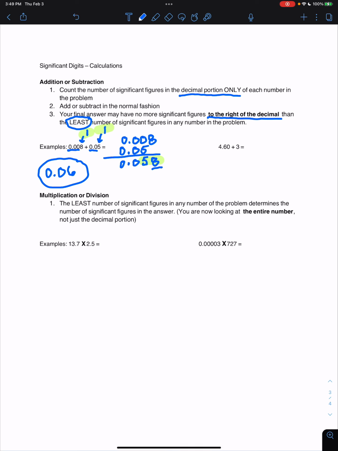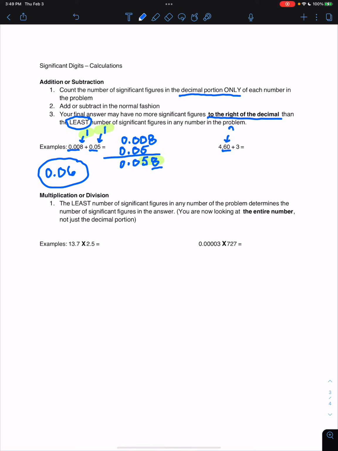Let me show you another example for this problem. First, we're going to look only at the digits in the decimal portion. So we have a 6 and a 0. The 6 is a non-zero significant digit, and the 0 is a trailing 0, so it is also significant.